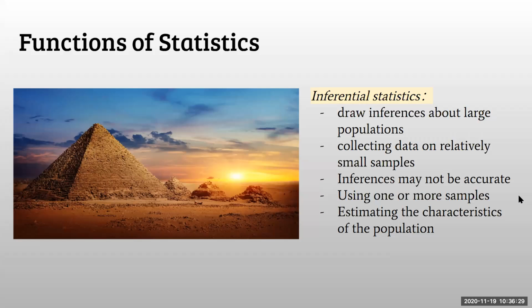The other function of statistics is known as inferential statistics. So basically, you would draw inferences about large populations based on the data collected from a relatively small sample. And you have to keep in mind that those inferences may not be accurate since you are just using one sample to estimate the characteristics of the general population.